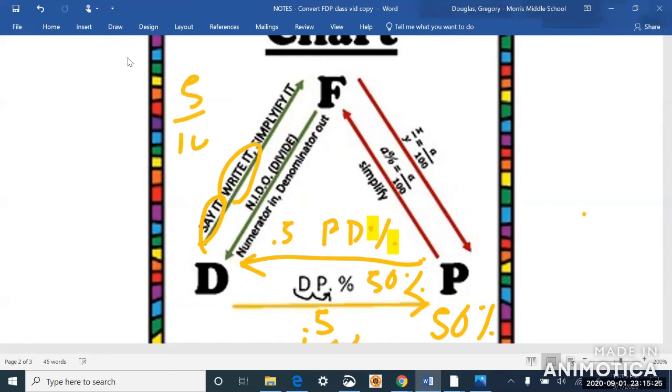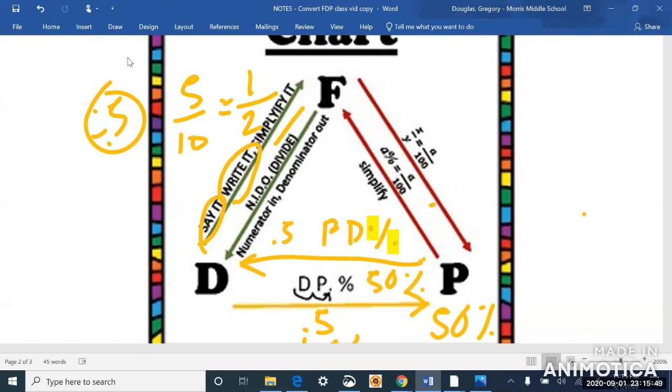But then they also want you to simplify it. So I can divide the top and bottom both by 5. I'm just going to write divide by 5 over here. So 5/10, if you divide the top by 5, it's 1. If you divide the bottom by 5, it's 2. So it's the same thing as 1/2. Okay.